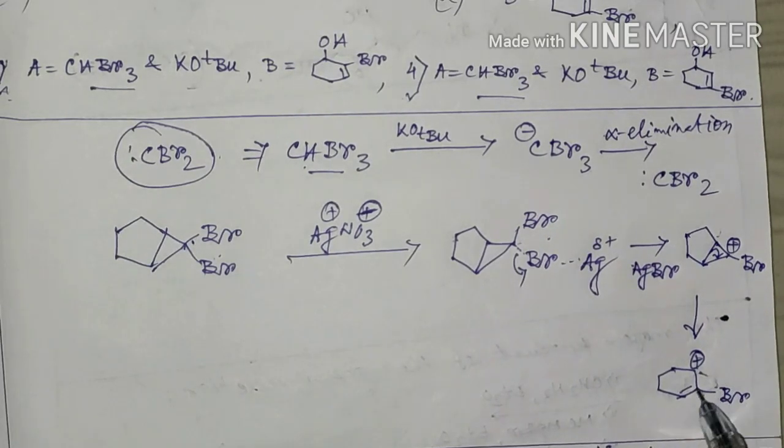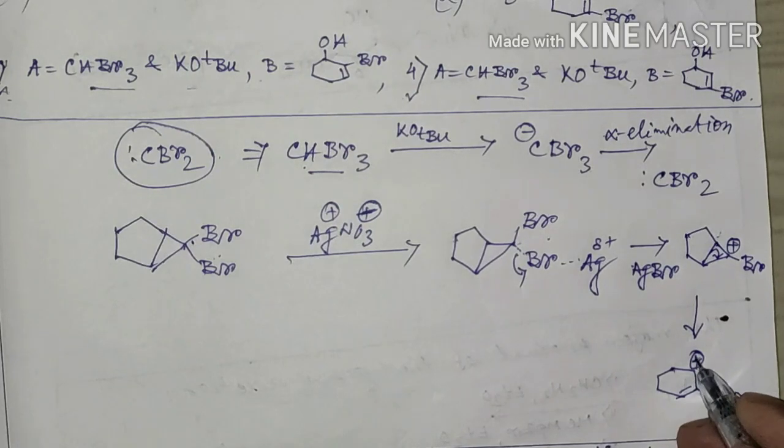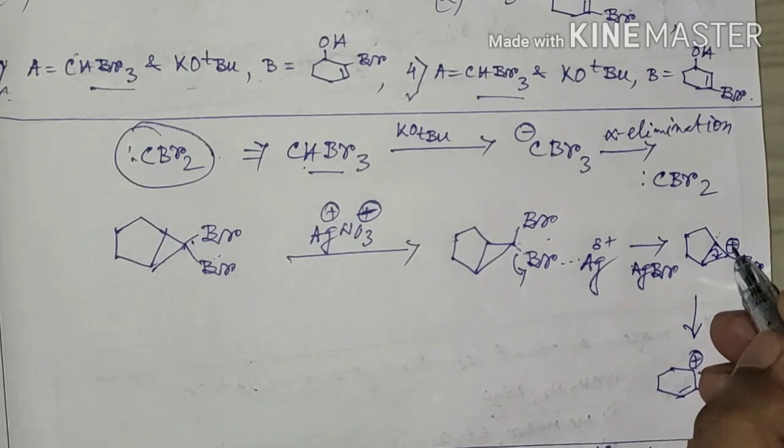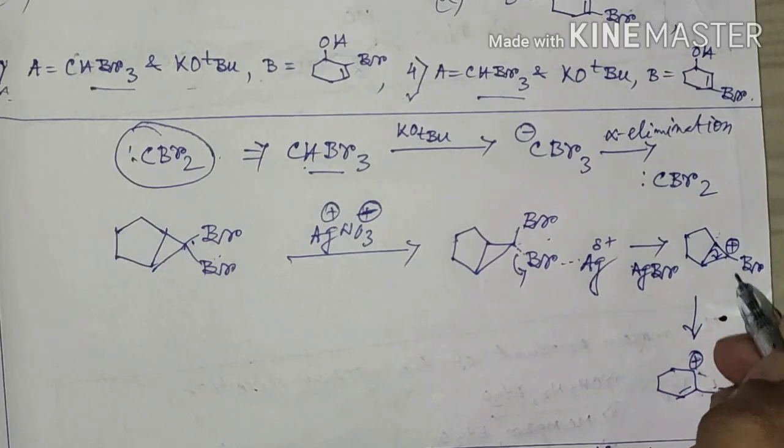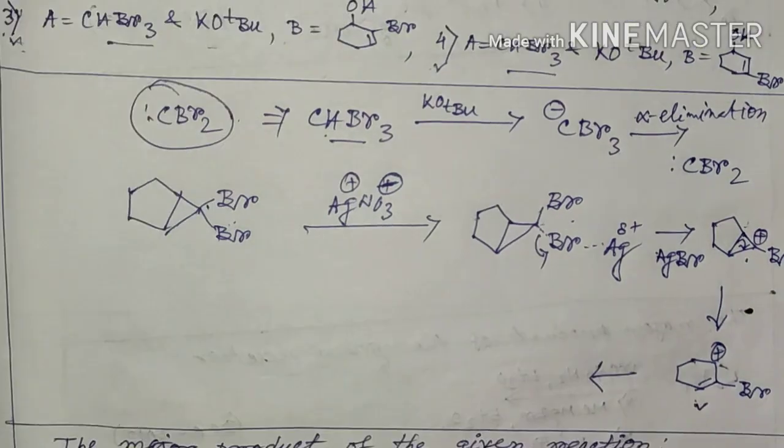And this carbocation will be more stabilized, since it will be stabilized by this double bond, but here the carbocation is on a more electronegative carbon center, that is the carbon center containing this electronegative atom.